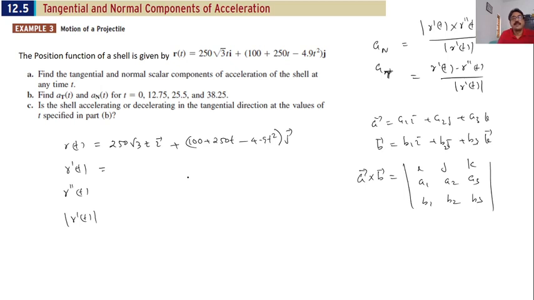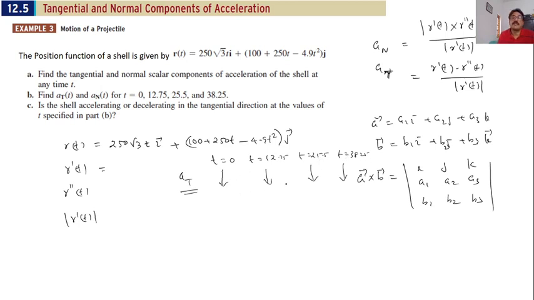Calculate a_t at t equal to 0, t equal to 12.75, t equal to 25.5, and t equal to 38.25.